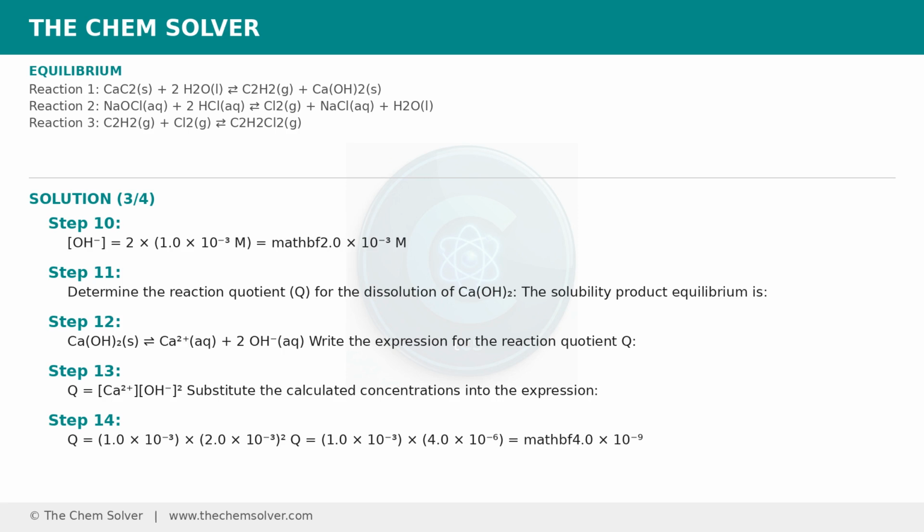Substitute the calculated concentrations into the expression. Q equals 1.0 times 10 to the power minus 3 times 2.0 times 10 to the power minus 3, squared. Q equals 1.0 times 10 to the power minus 3 times 4.0 times 10 to the power minus 6, which equals 4.0 times 10 to the power minus 9.